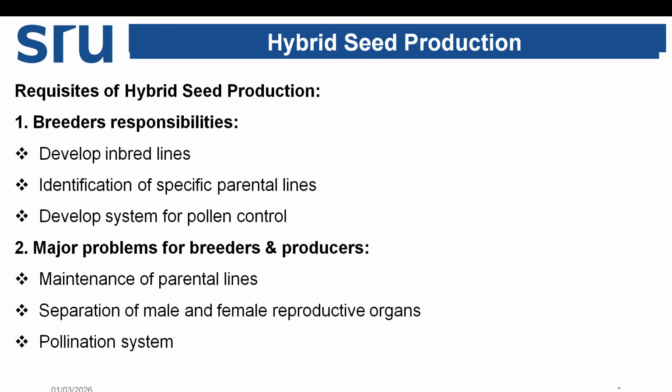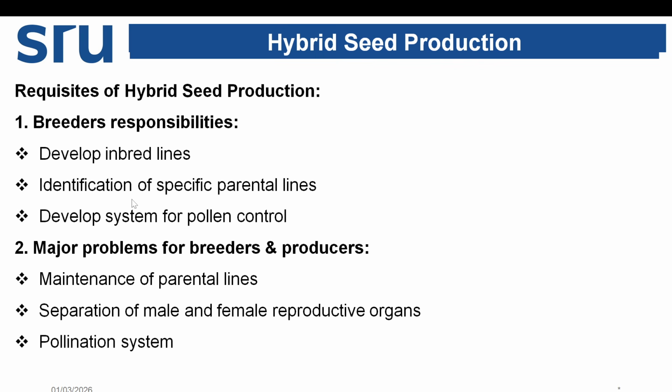What are the breeders' responsibilities? In the breeders' responsibilities, first is development of inbred lines. Next, identification of specific parental lines. And third, developing a system for pollination control. So these three are the major responsibilities of the breeder.